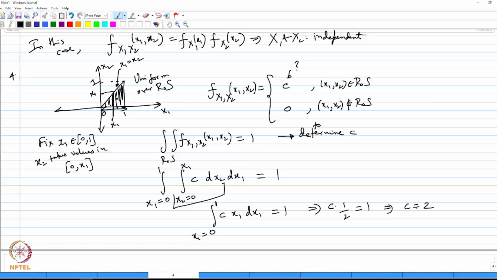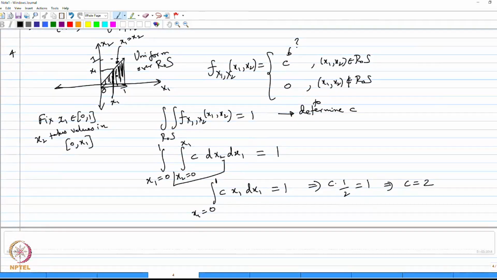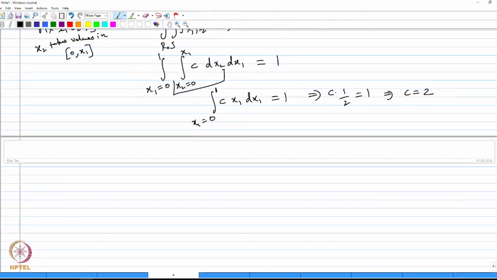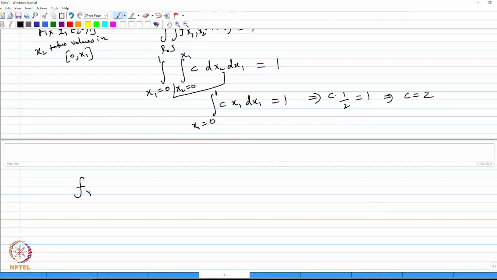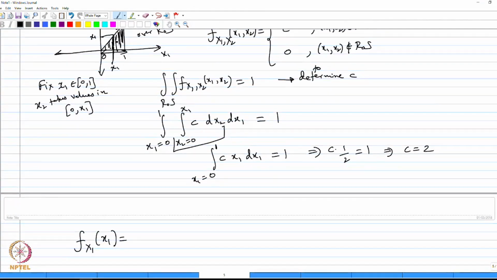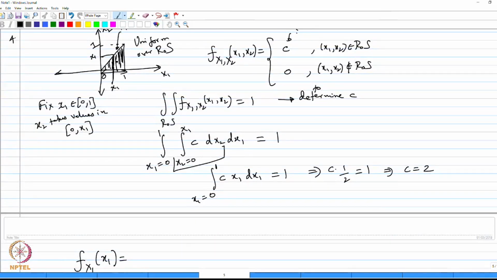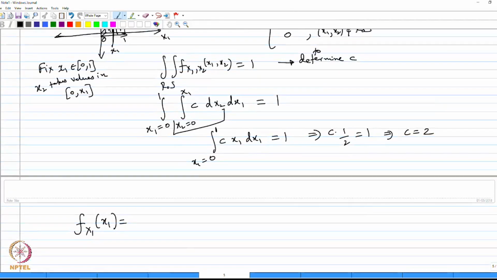All right. So now let's try and find the marginals also. If you find the marginals, you will get a very interesting sort of picture here. So what's going to be the marginal? If you want to find f of x1, I have to integrate out x2 from the equations. For a particular x1, I have to integrate f of x1, x2 over the actual range.